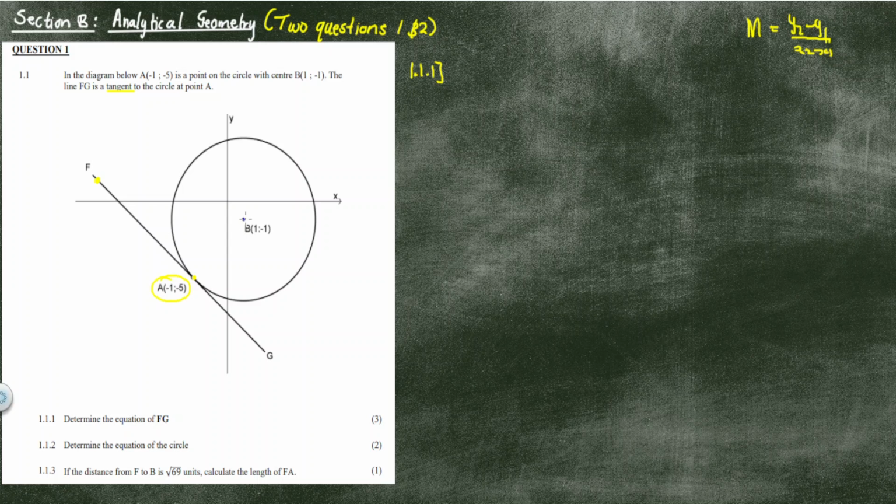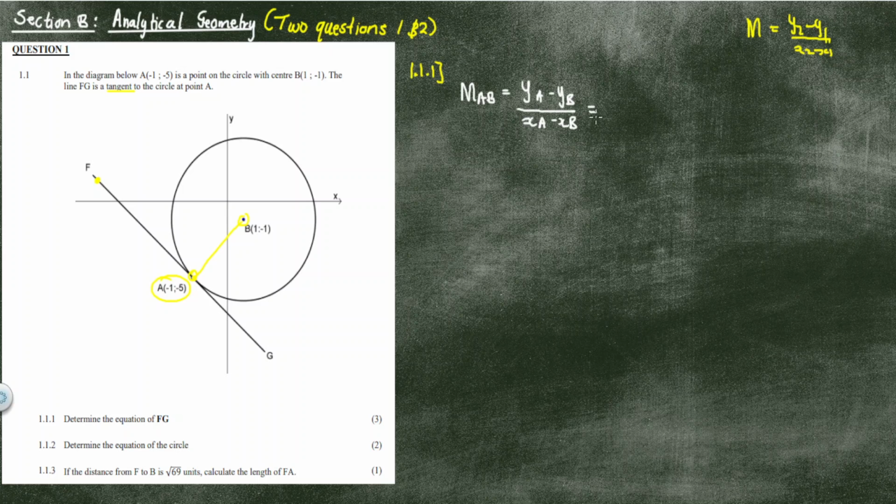I can use the gradient of BA or AB, this line, which is the radius of the circle. I calculate the gradient for the radius of the circle and use that gradient to calculate the gradient for FG. Let me show you what I mean. So calculate the gradient of AB or BA. So the gradient of AB is yA minus yB over xA minus xB.